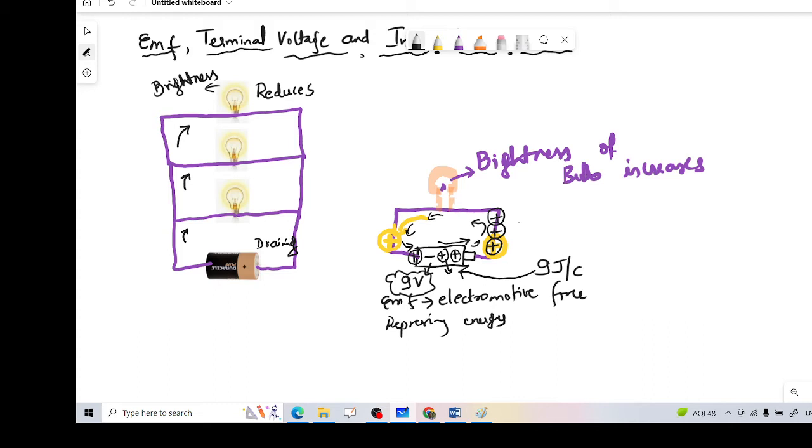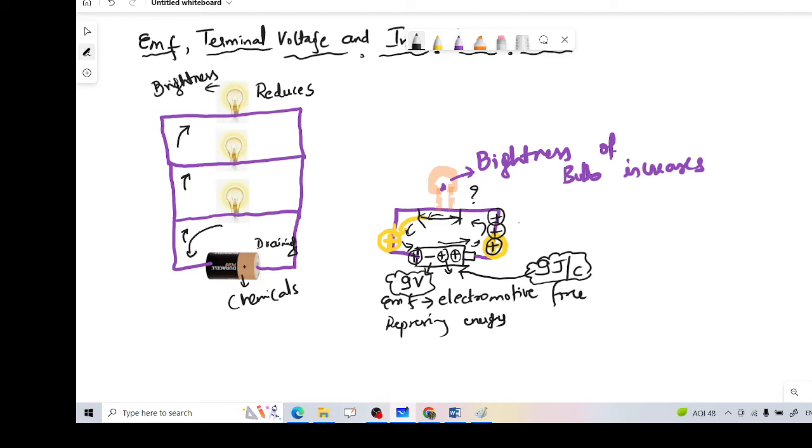So my question is whether this 9 joule per coulomb of charge is transferred across this bulb. Think about it for a while. We know that these battery cells have some chemicals inside them.